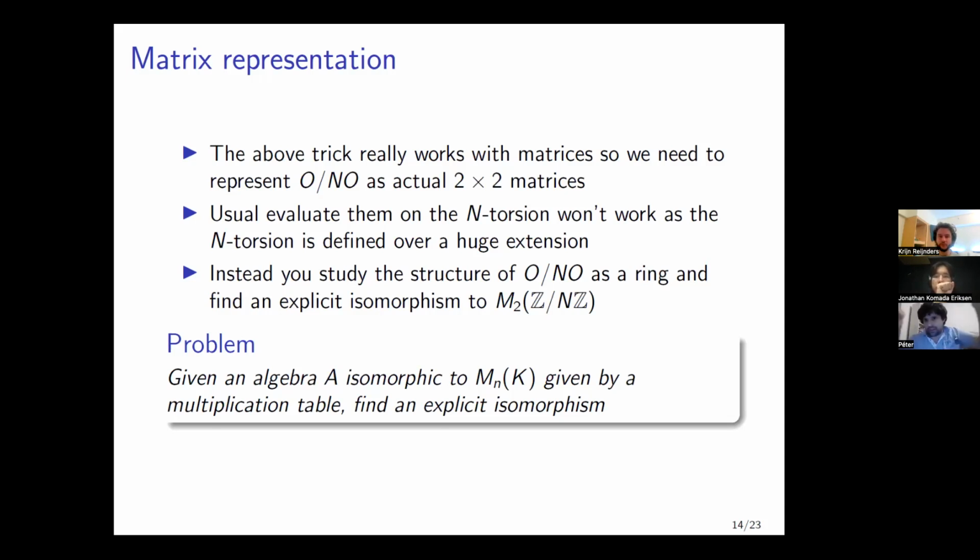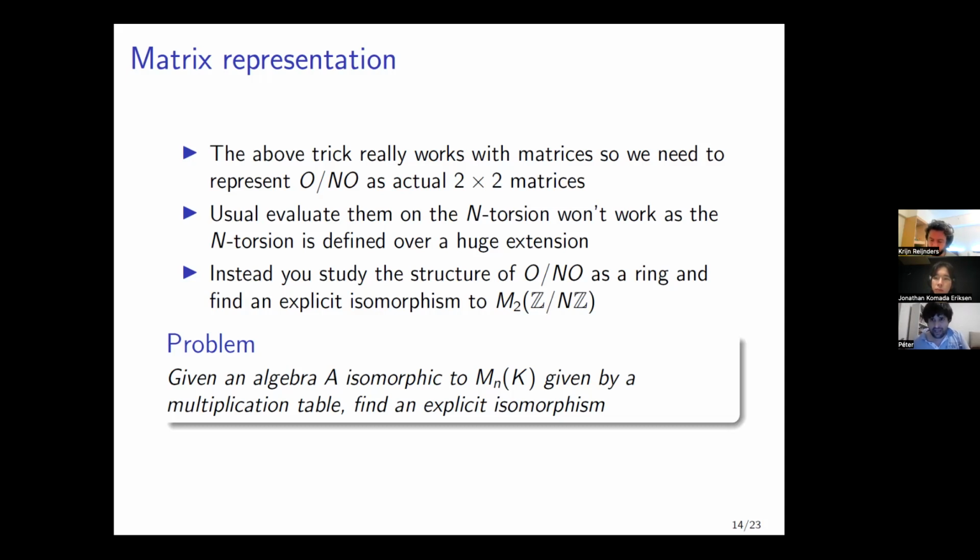So I cannot just work with the endomorphism ring modulo n. I really have to work with them as 2 times 2 matrices. So I have to compute an explicit isomorphism between these two things. And usually what you would do is I have an endomorphism, I evaluate it on the n-torsion and do some discrete log things, and then I get a 2 times 2 matrix.